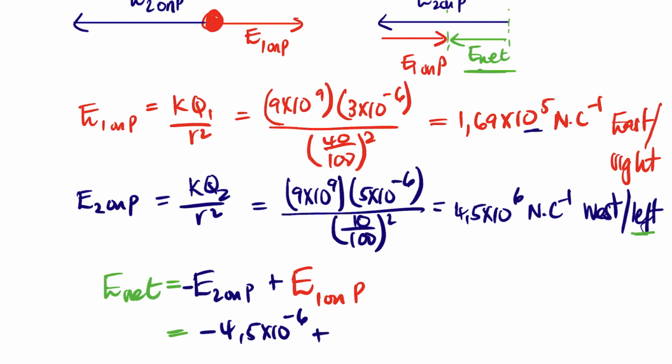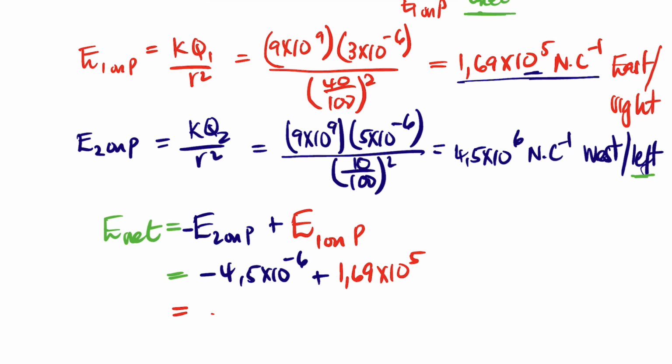And then plus this one is going to the right, so it's going to be positive, which is 1.69 times 10 to the power 5, and then the answer there will be negative 4.33 times 10 to the power 6 newtons per coulomb.